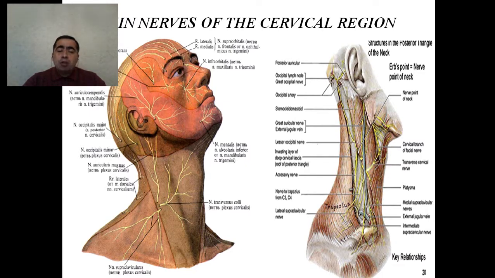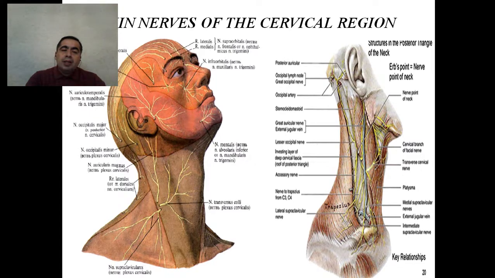The plexus cervicalis is formed by the first, second, third, and fourth cervical nerves, of course by their anterior or ventral branches, because the posterior branches of the spinal nerves don't form any plexuses except the first, and the lower three nerves, the coccygeal and the last two sacral nerves.